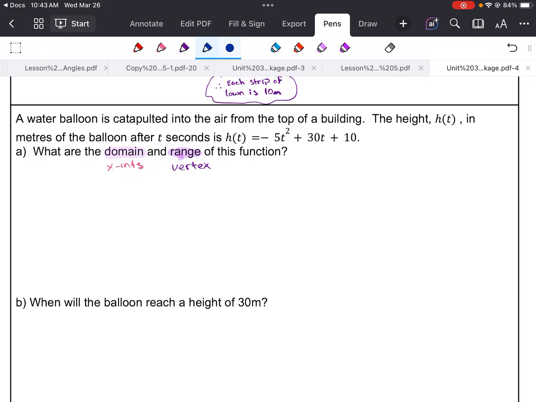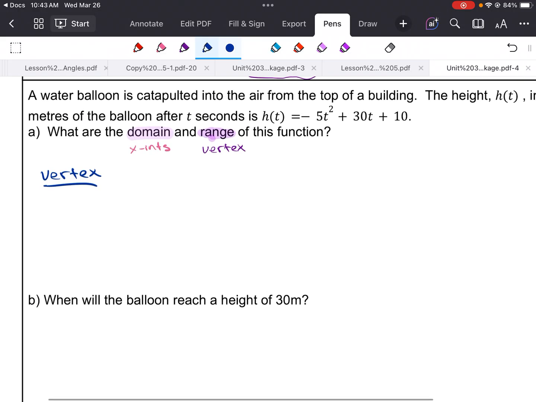Okay, so let's find the vertex first. It's in standard form. It's pretty nice to work with. So we have negative b over 2a, so that means negative 30 over 2 times negative 5, which is negative 30 over negative 10. That's 3, so it reaches the max height at 3 seconds.